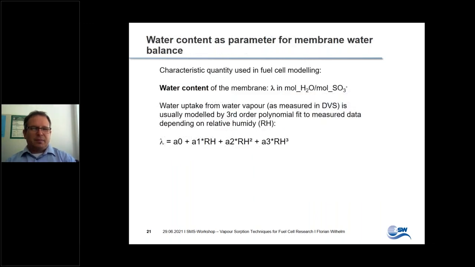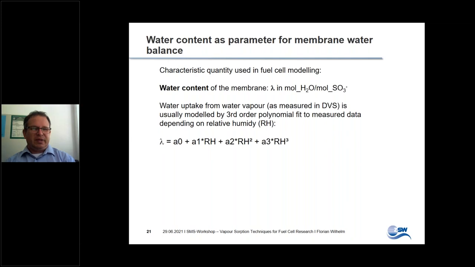So don't be frightened because now it's going to start with a few formulas, and this is always the case when you start with modeling. But I'm going to keep this really brief just to show you for which aspects of modeling we need results from this technique.